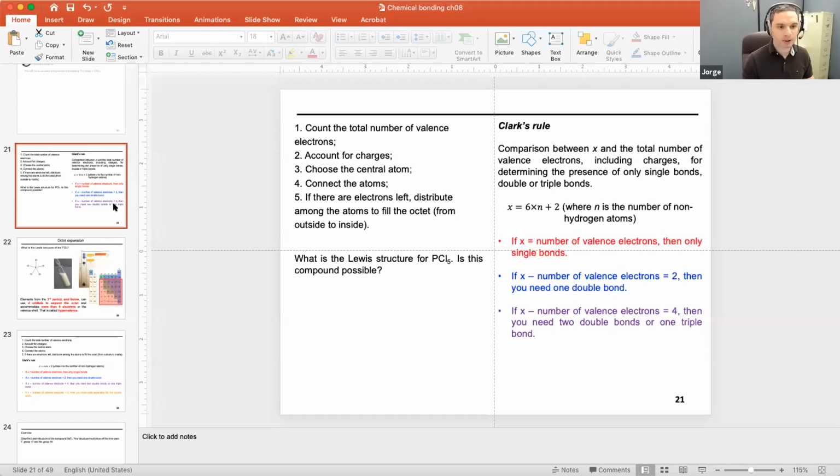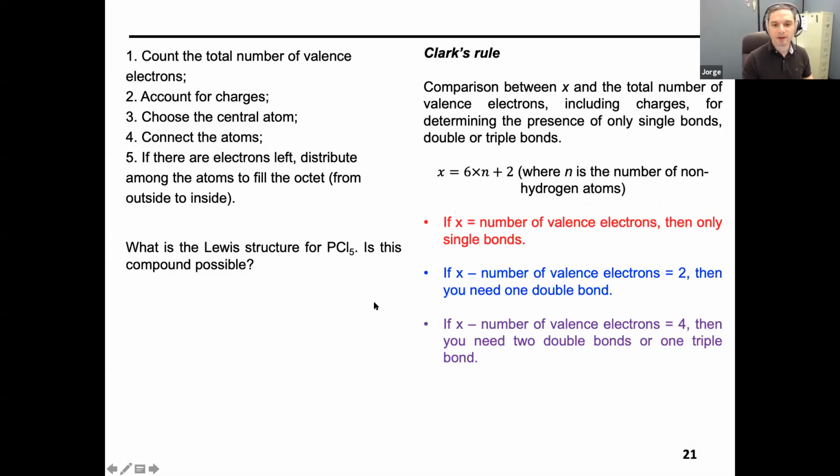Okay, so let me switch to my PowerPoint. So the question remains here. If PCl5 is possible to exist, it seems like a violation of the octet rule, where phosphorus has more than 8 electrons in the valence shell after making all the bonds.